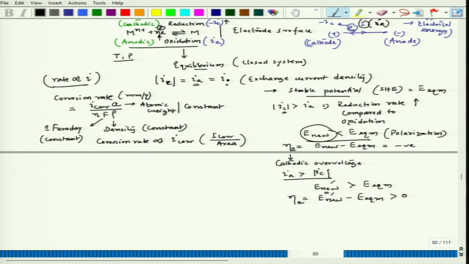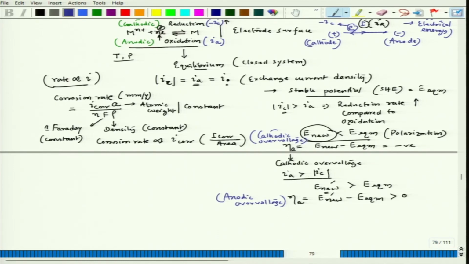So, this is cathodic overvoltage, and this is anodic overvoltage. And interestingly, every time we are using this current in terms of current density. Why?